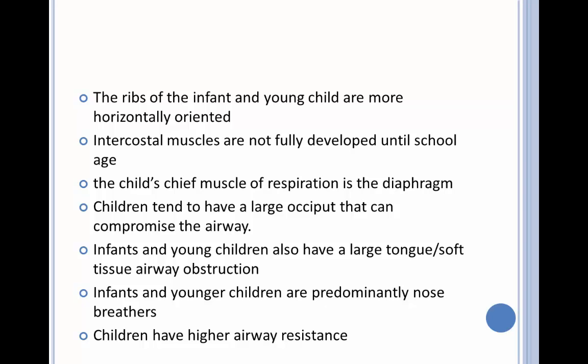Infants and young children also have a large tongue in comparison to the oropharyngeal space. So they have a predisposition to soft tissue airway obstruction from the tongue. This is always a possibility. Infants and younger children are predominantly nose breathers.